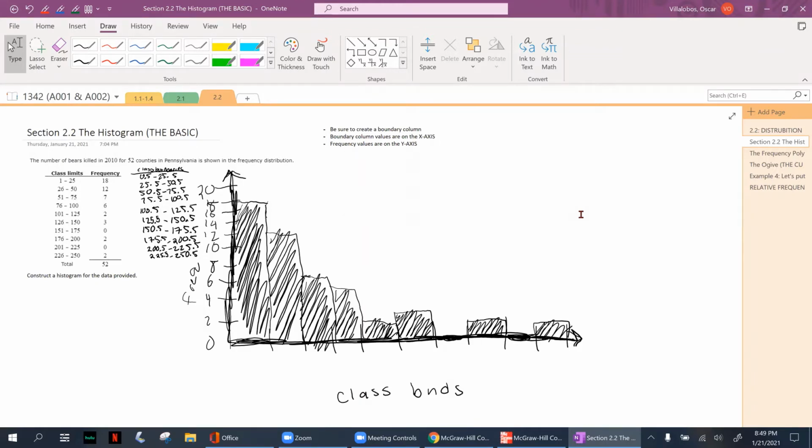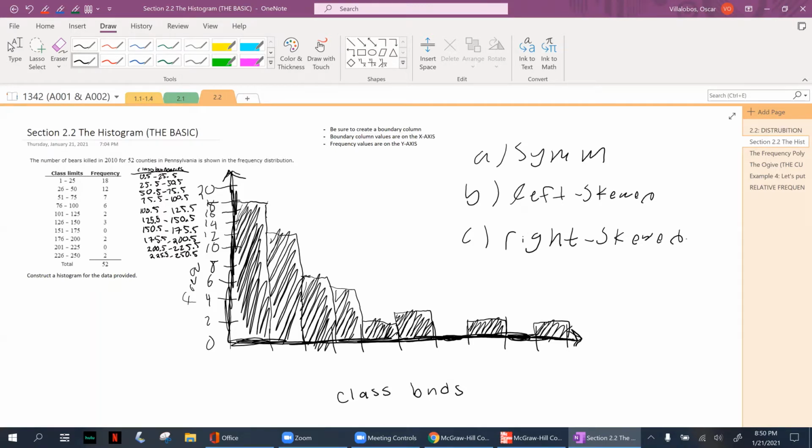This is all that's required. And now we have an option. Is this symmetrical? Is this left skewed, or is it right skewed?